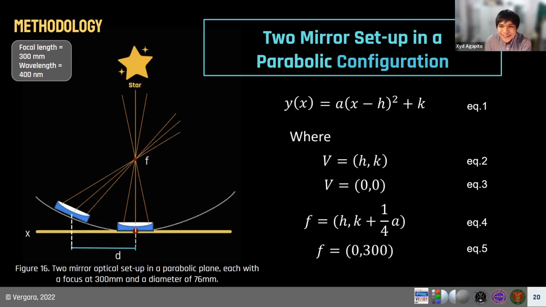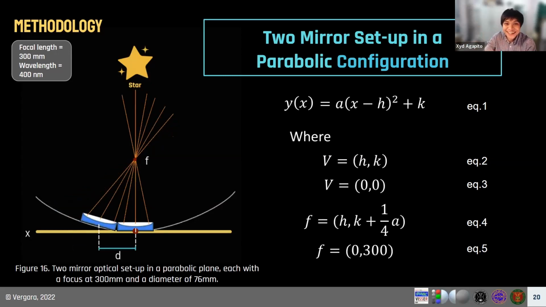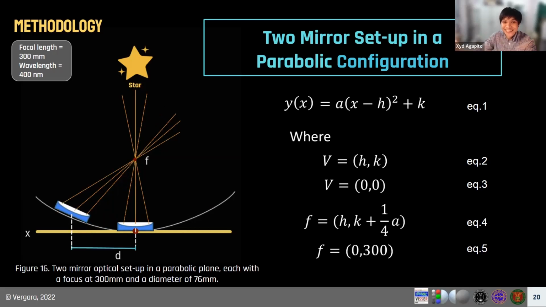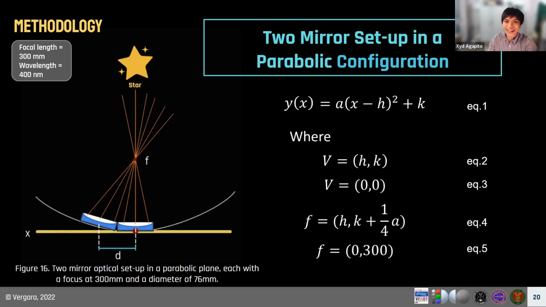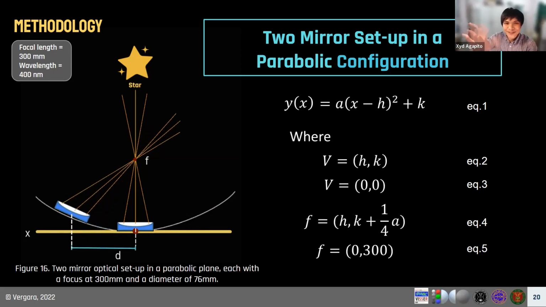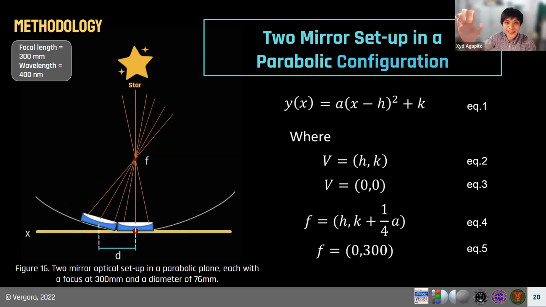Maybe you can do a version of the derivation where you use a general quantity for the focal length. And then from that, I don't know if this will work, you can find an optimal distance that is based on your generalization.